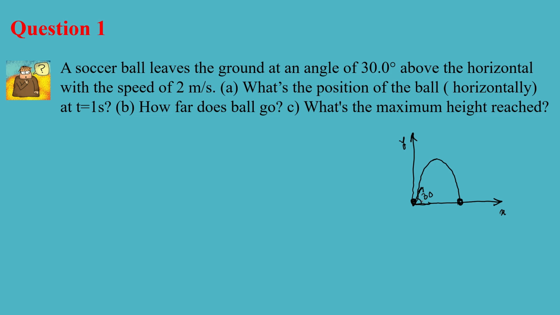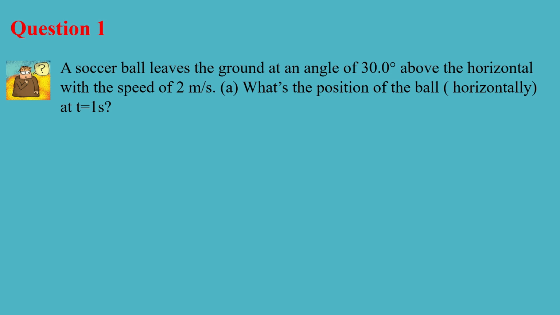So for the first part, I need to find the position of the particle horizontally. At this point, my x is going to be v cosine theta times t plus x naught, right? Here my v is 2 meters per second, my theta is 30, and the time is 1 second.